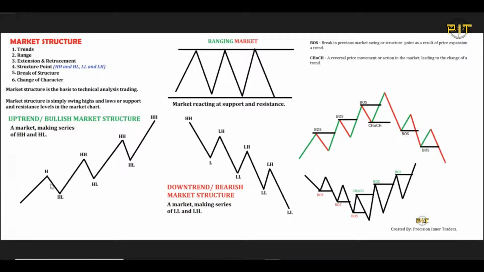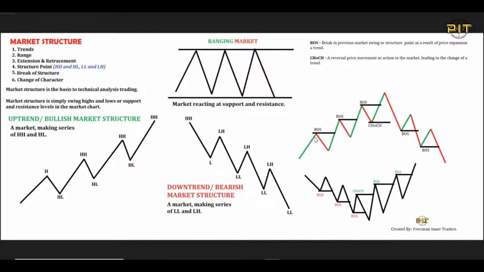This is an expansion, this is a retracement, an expansion breaking this swing point, retracement, expansion, broke this swing point, created a new higher high. And then this is a downtrend making a series of lower highs and lower lows, breaking previous lower lows. A ranging market is basically reacting at supports and resistance, not really creating structure points.